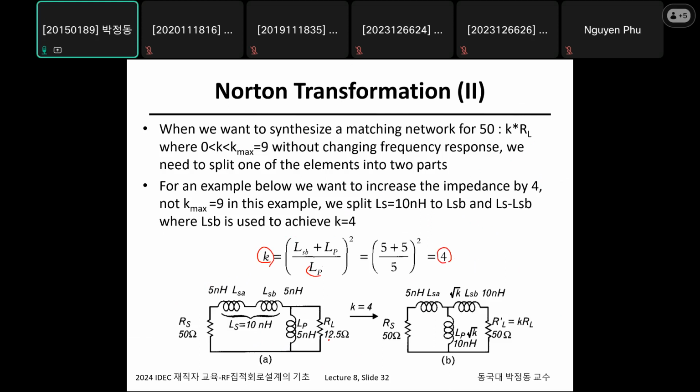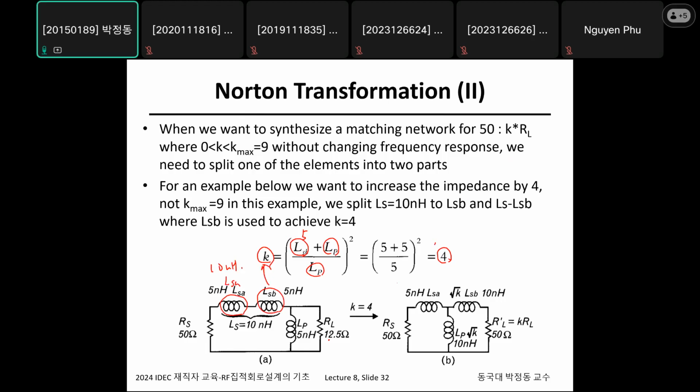RP is given by 5, and LP is given by 5. To make this equal to 4, I have to use a series inductance of 5. Previously the total was 10, so I just segment it into two sections: one is LSA, and the other is LSB, which is required to achieve n equal 4.